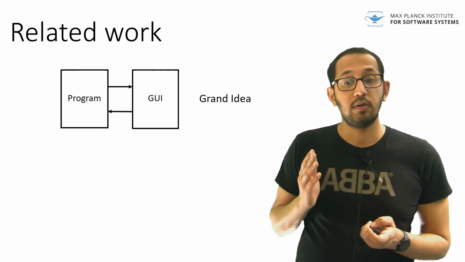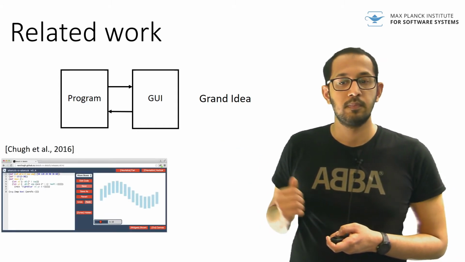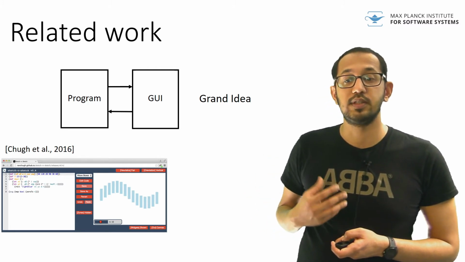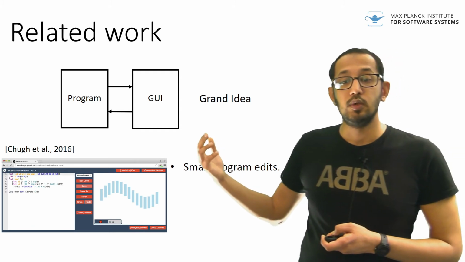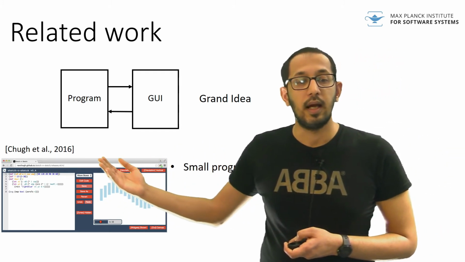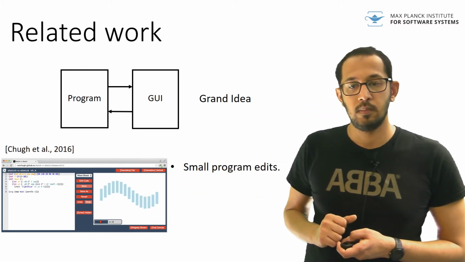Now, some work already exists on this theme for 2D vector graphics. Ravi Chugh and others have used constraint solving along with some heuristics to enable small program modifications using the GUI. So you change something here in the GUI and this is reflected back in the code. It's a small modification.